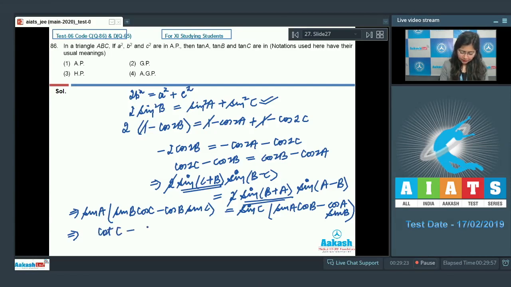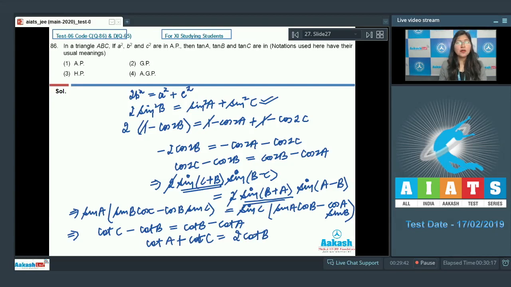Cot c minus cot b is equal to cot b minus cot a. That is, cot a plus cot c is equal to 2 times cot b. That is, cot a, cot b, cot c are in AP. Hence, we can say that tan a, tan b, tan c will be in HP. Hence, the correct answer will be option number 3.